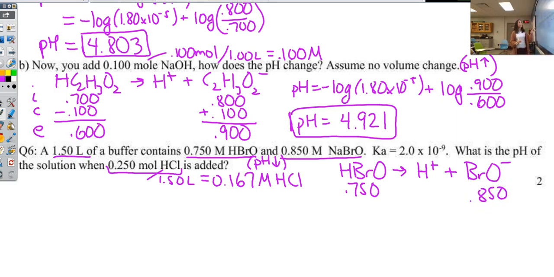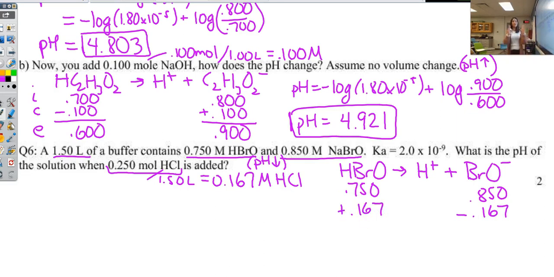Okay. But we're going to add acid. So what is the acid going to react with? Is an acid going to react with another acid, or is an acid going to react with a conjugate base? With the base. Okay. So the acid and the base are always going to react with each other, which means this is going to decrease by how much? 0.167. Perfect. So this is going to be minus 0.167, which means on my acid side it is plus 0.167.